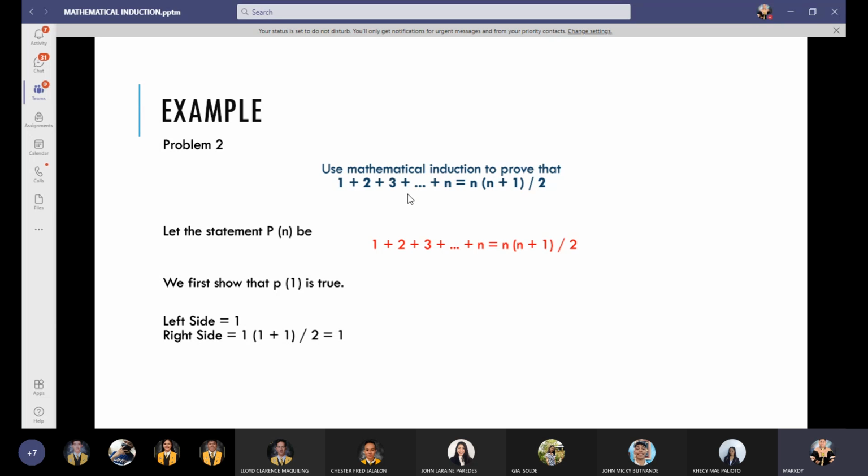We just replace the value of n with 1. So it will give us 2 times 1, that is 2 divided by 2, which is equivalent to 1. So both left and right are equal.